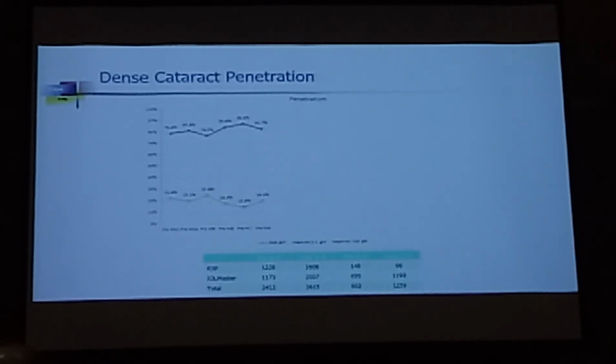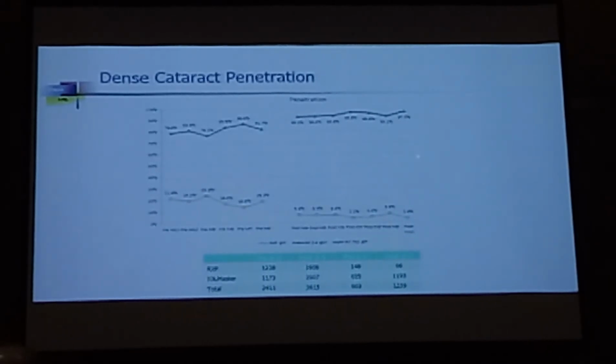The work process is optical biometry followed by ultrasound. But with swept source, we are able to read even denser cataracts, 80% to 95% now, and the use of ultrasound has dropped to 5%. Your clinic may be different because the cataract profiles may be different.